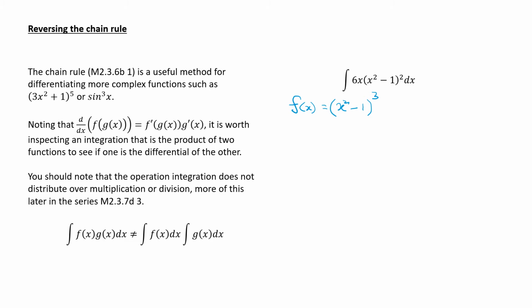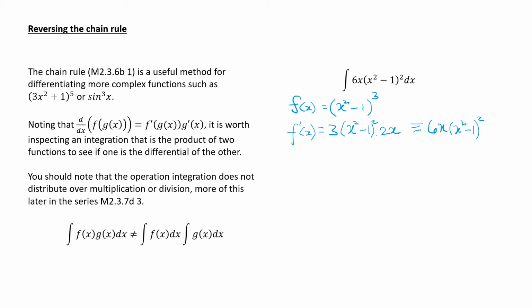So if I apply a really simplified integration rule, that's raise the power by 1, I take the x squared minus 1 and raise it to the power 3, 1 more than 2. Then its differential by the chain rule would be 3 times x squared minus 1 to the power 2 times 2x. Remember, you've got to differentiate the inside as well.